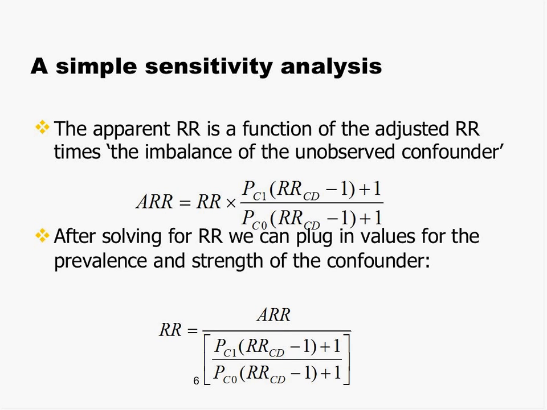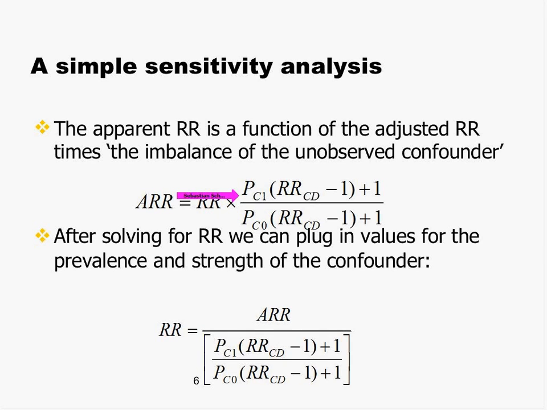So the simple sensitivity analysis, something that you see here, is you express the observed relative risk, or the apparent relative risk, as a function of the true relative risk times this term, what we call the confounding factor, where you see the prevalence of the confounder in the exposed times this factor, which is the relative risk minus 1, which is the relative risk between the confounder and the disease outcome, that is the strength of the confounder, divided by the prevalence of the confounding factor in the unexposed, and again multiplied by the same strength of the confounder.